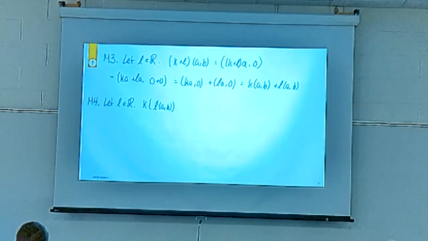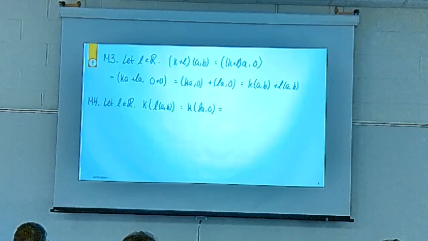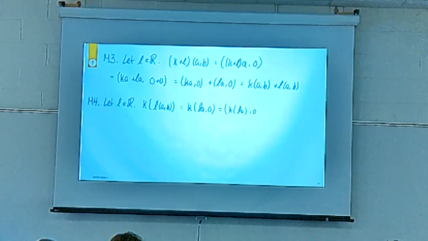And we have to show that that is K times L times AB. By definition, that would be LA, comma 0. Now again, by definition of scalar multiplication, that'd be K times LA, comma 0.